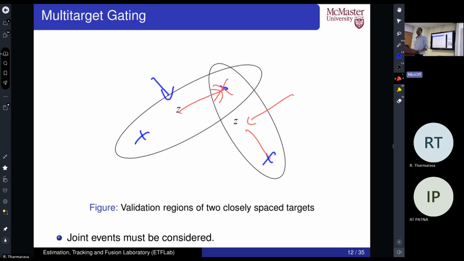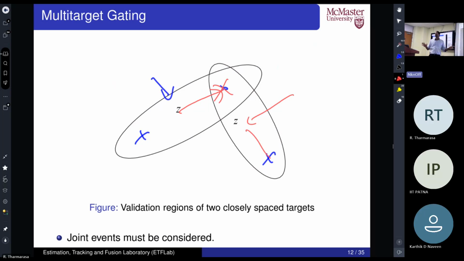Is that clear? Okay. So anyway, this is how the nearest neighbor works.